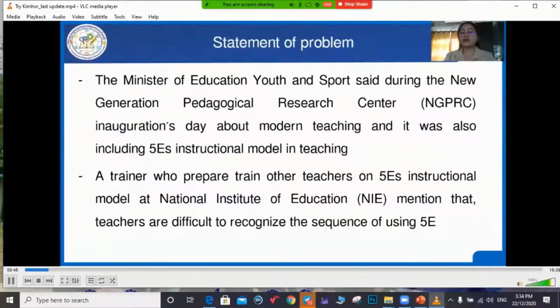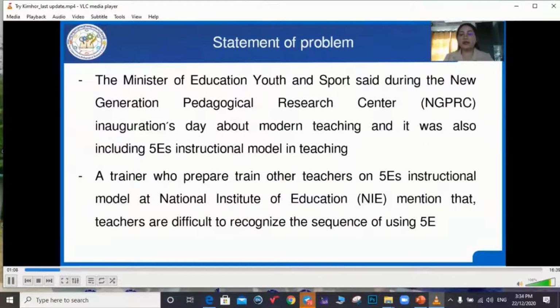According to the Minister of Education, Youth and Sport, during the New Generation Pedagogical Research Center Inauguration Day, promoting modern teaching in the classroom also includes the 5E instructional model. But how many teachers know about 5E and can apply it effectively in the classroom?